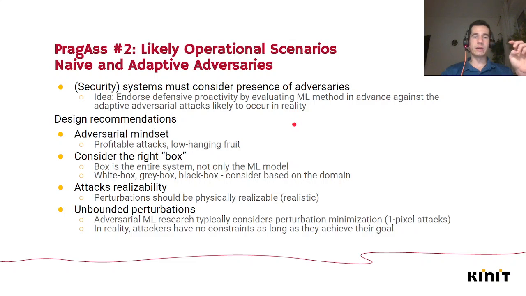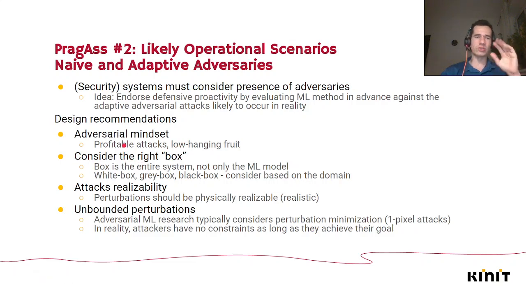So basically, the idea is to embrace this defensive proactivity by evaluating the machine learning against adaptive attacks that can occur in reality, which is basically the fact that researchers think about the domain, think about their solution, and what the attacker can do, what the typical attacks on a similar model are, and again, evaluate the model in such a way.